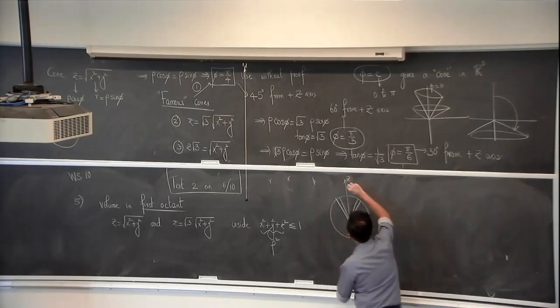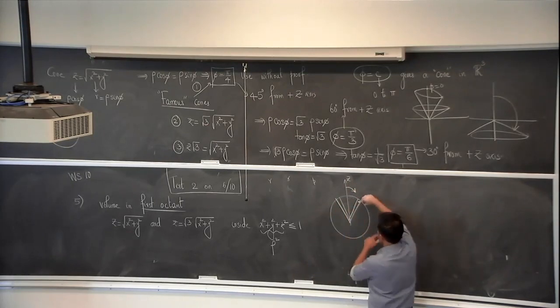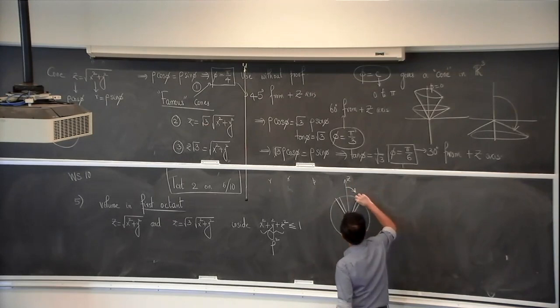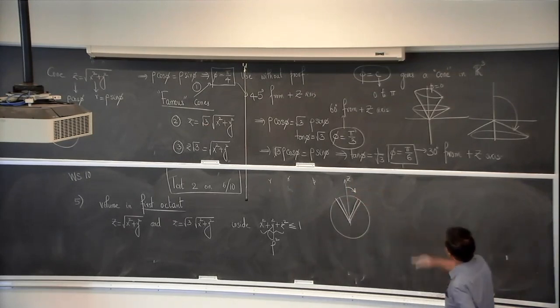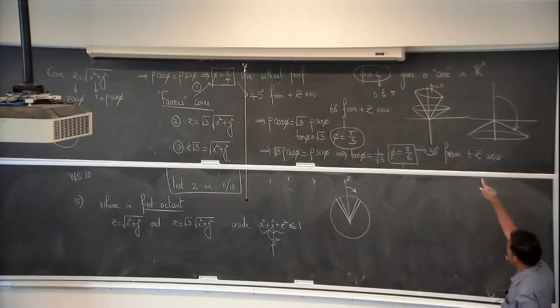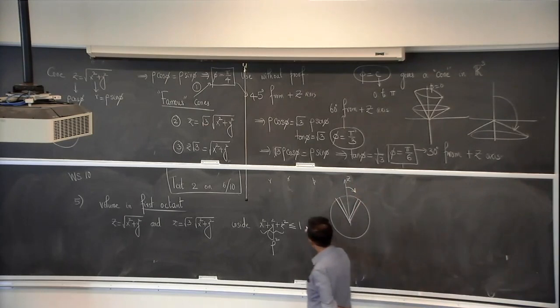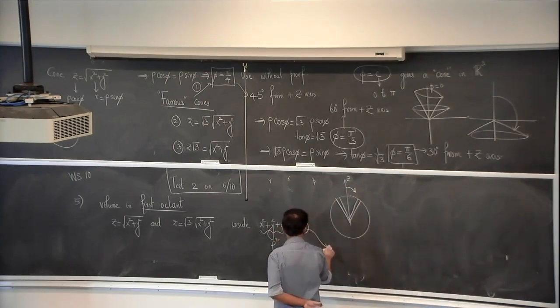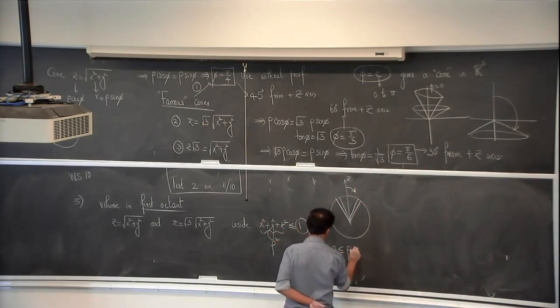And don't forget your phi is going in this direction, so you should hit the first cone first, second cone second, like this. And that's where you have to make use of all those things I wrote earlier. So one of them is the first one, one of the second one. Meanwhile, this should help you with the radius. So 0 less than or equal to rho less than or equal to 1.